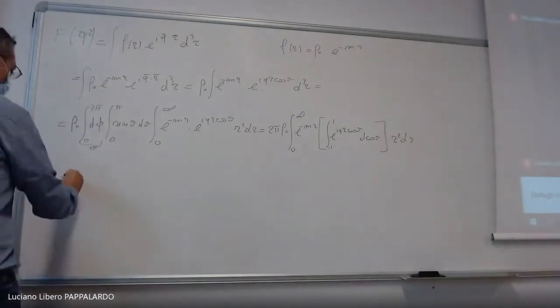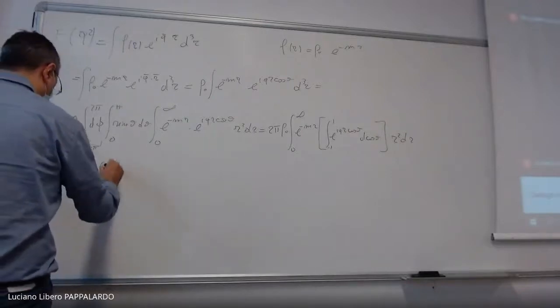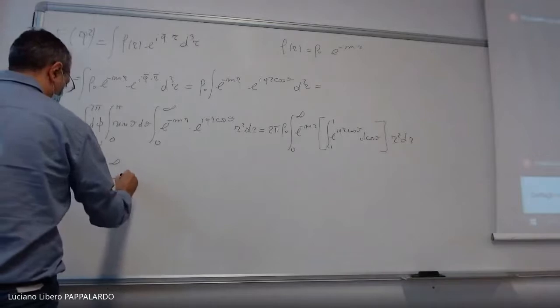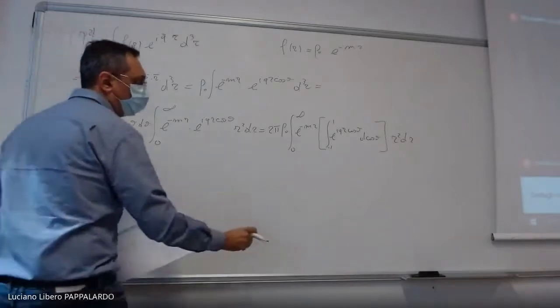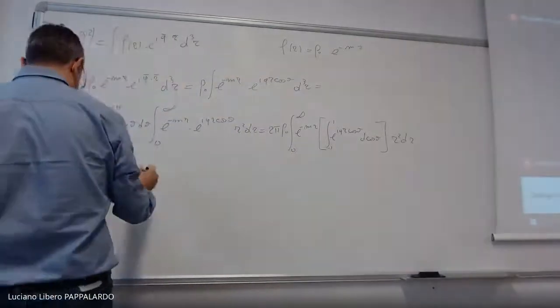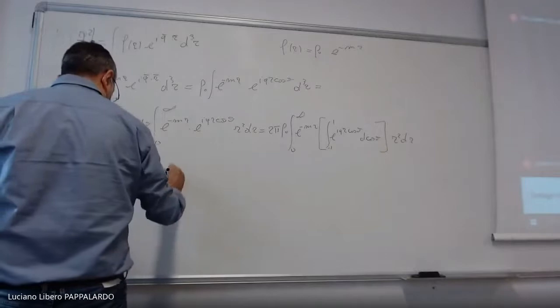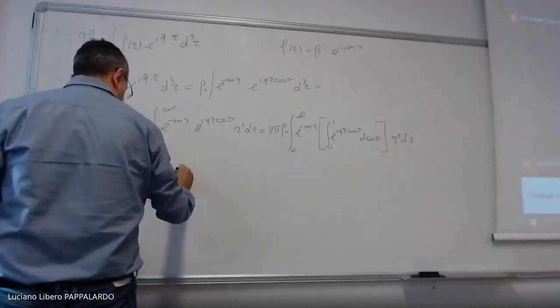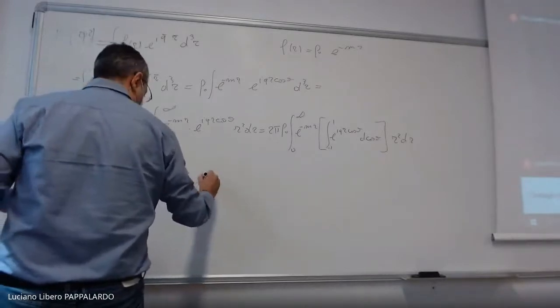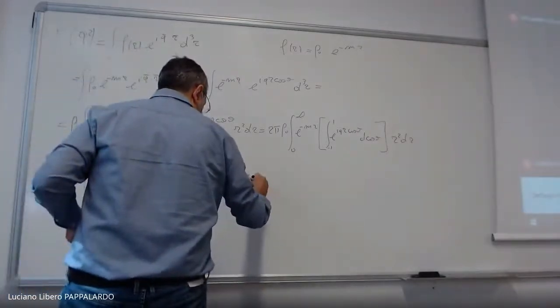So we have 2 pi ρ0, integral from 0 to infinity, e to the minus r. The angular part is a trivial integral of an exponential function, so the result is simply 1 over i q r, e to the i q r minus e to the minus i q r, and then we have r squared here.